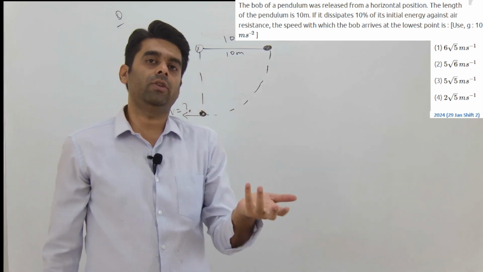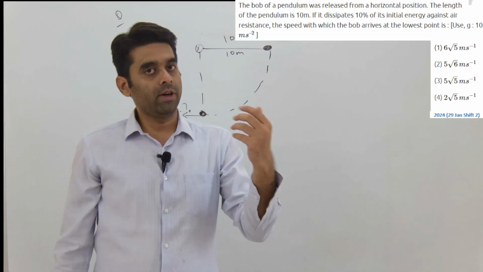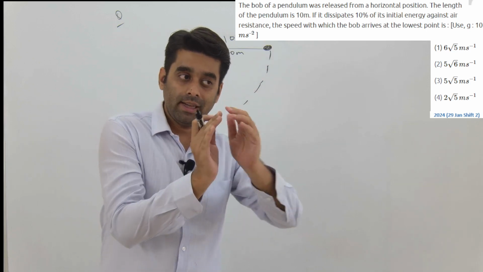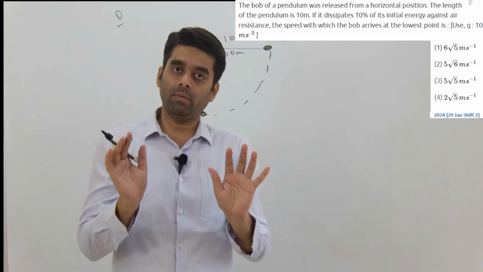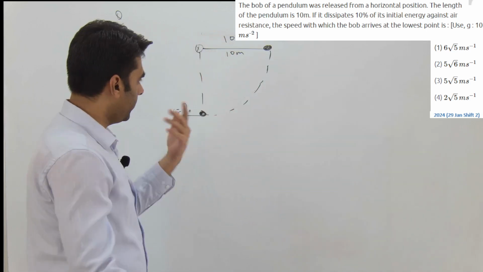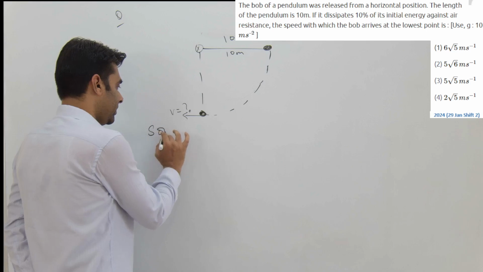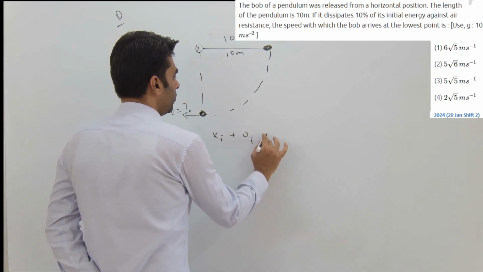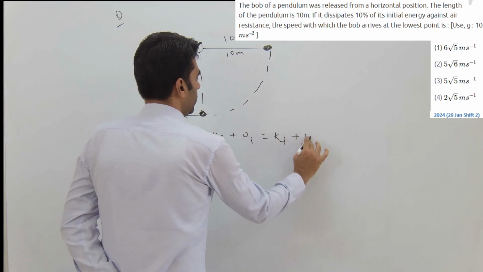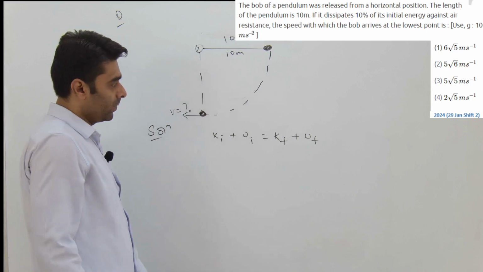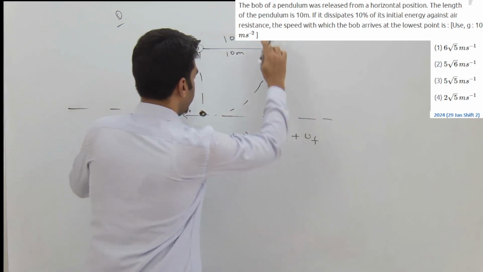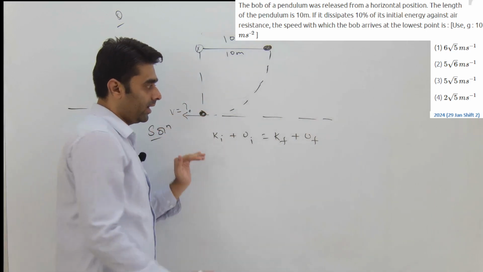Now there are two ways of approaching it. You can do it by the work energy theorem, or you can use energy conservation, considering that 10% loss. Both are possible. If I use energy conservation, K initial plus U initial equals K final plus U final. Now I'll take the bottom level as our reference level.